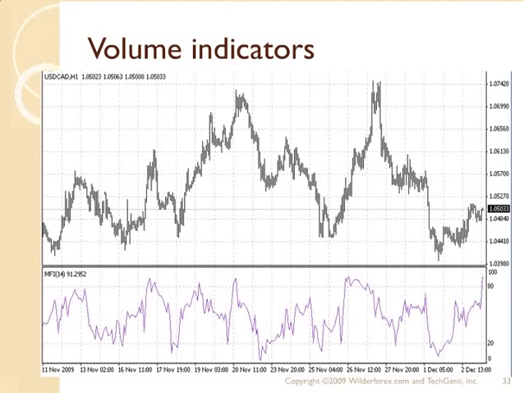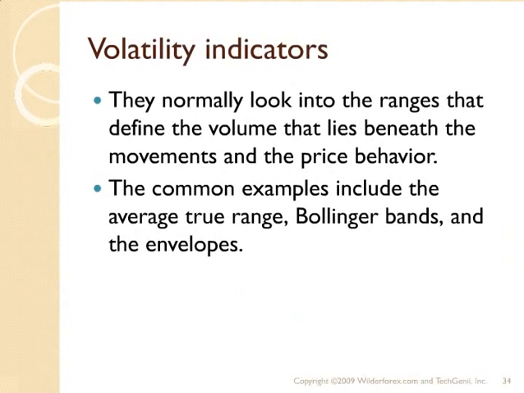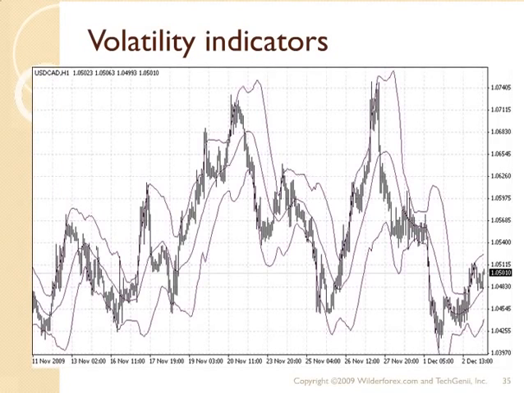This chart shows the Money Flow Index. Volatility indicators. They normally look into the ranges that define the volume that lies beneath the movements and the price behavior. The common examples include the average true range, Bollinger Bands, and the envelopes. This chart shows Bollinger Bands.